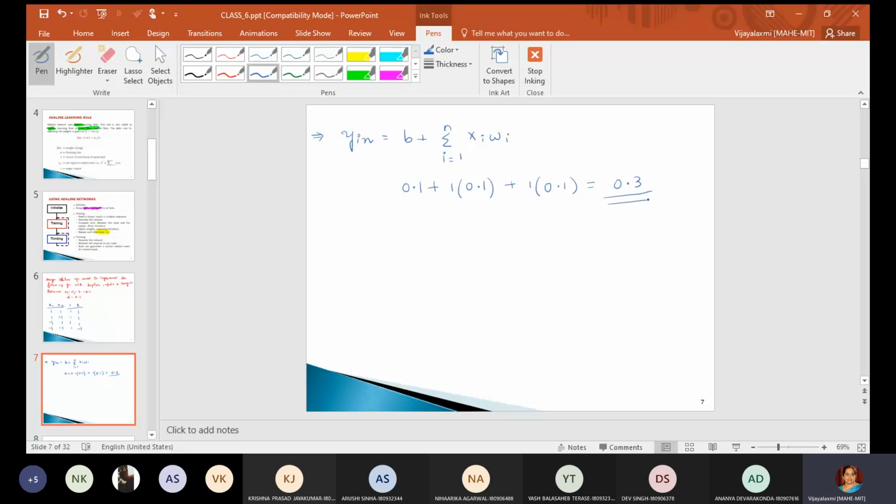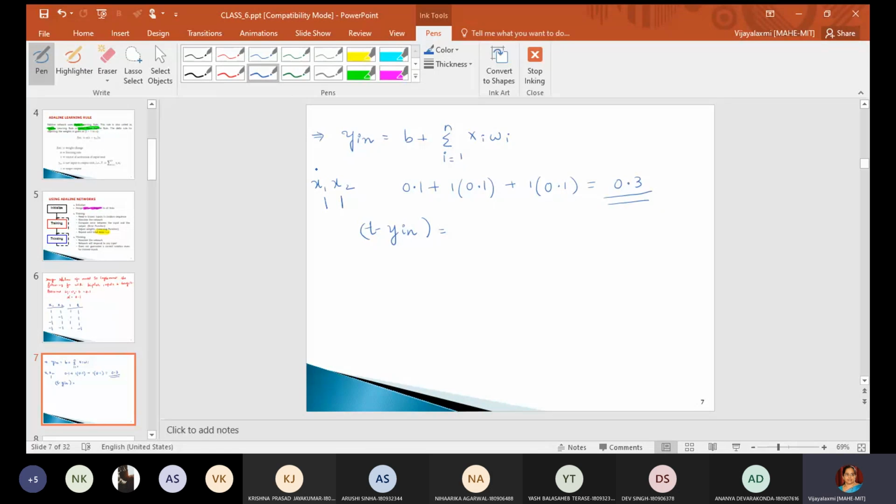Now calculate t minus y in. What is t now? Let us start for the first inputs. This iteration or this step is for the first case, x1 x2 values 1, 1, that is the first row.